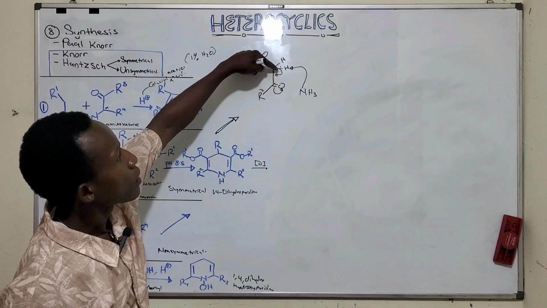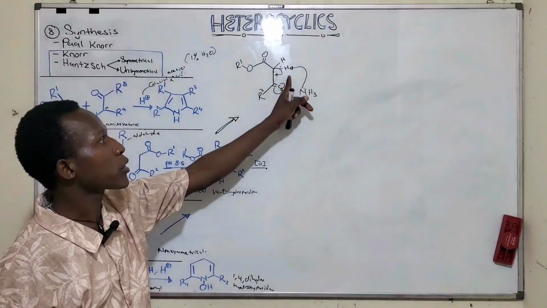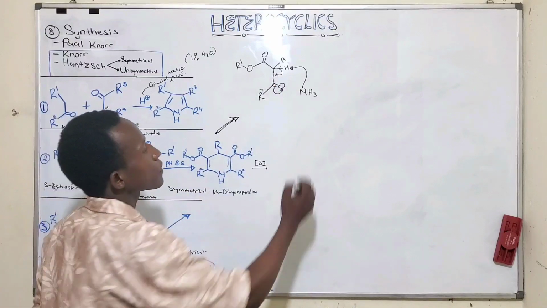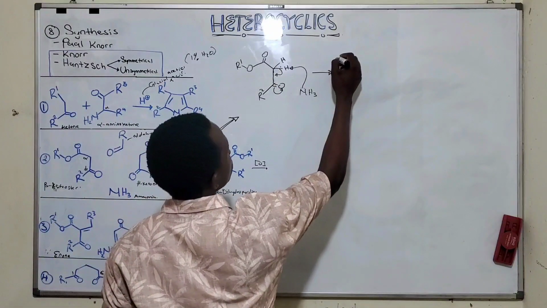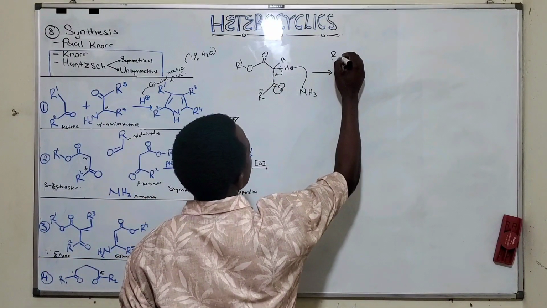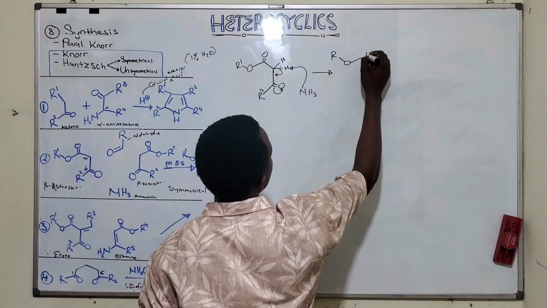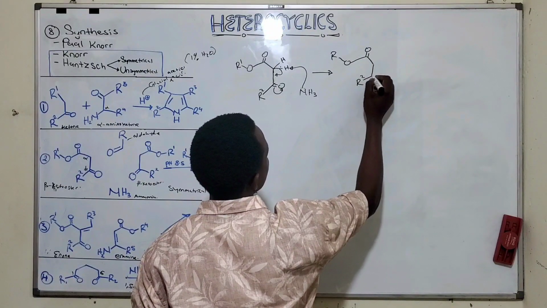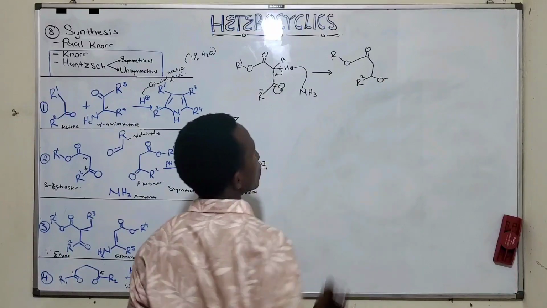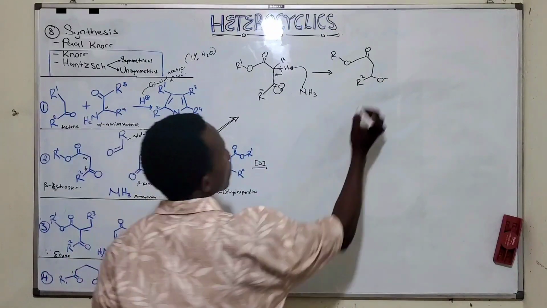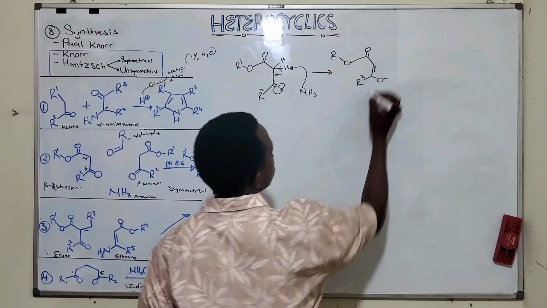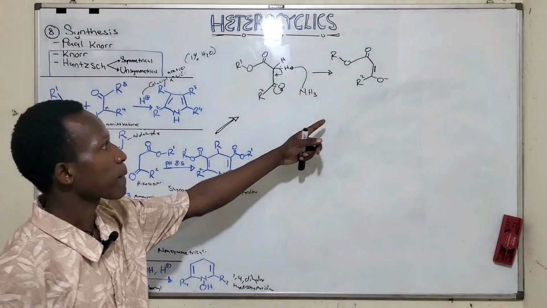This hydrogen is broken up by the base, creating a double bond. So shall form this. You have that. Then you have formed a bond here. That's what you are having.